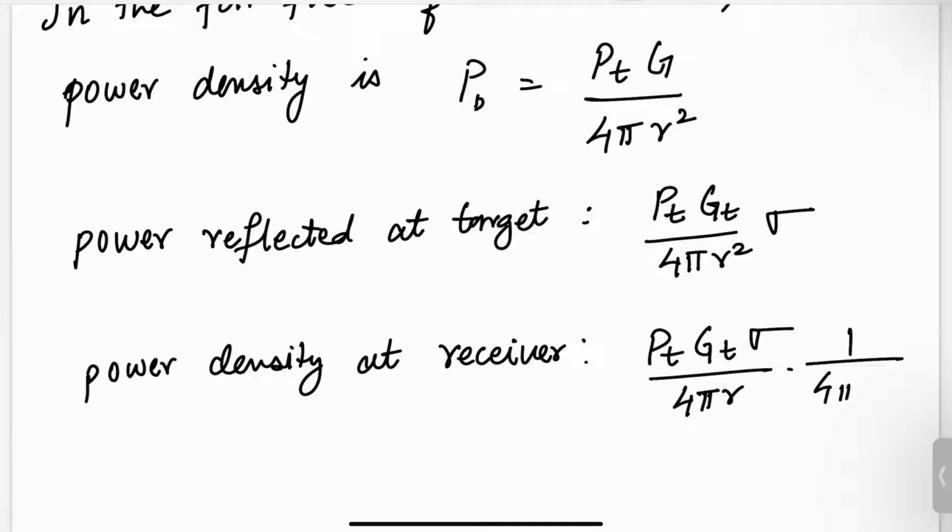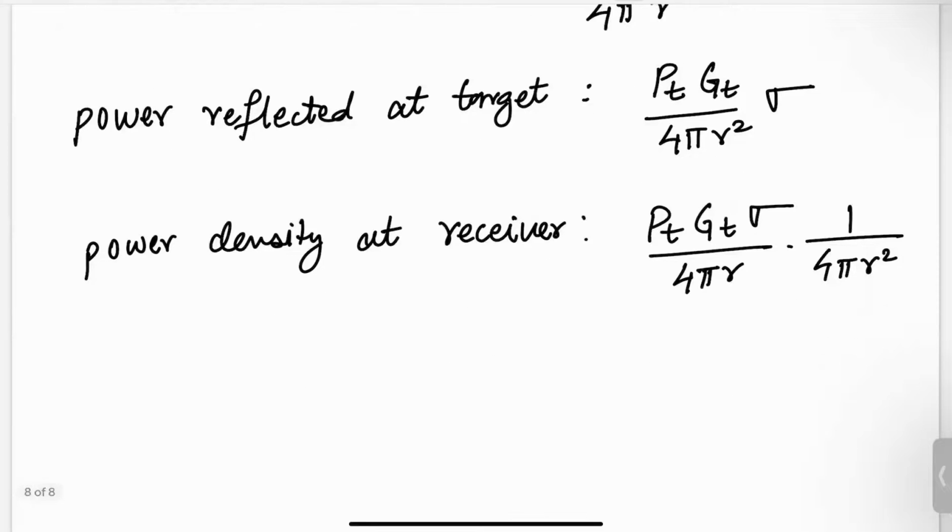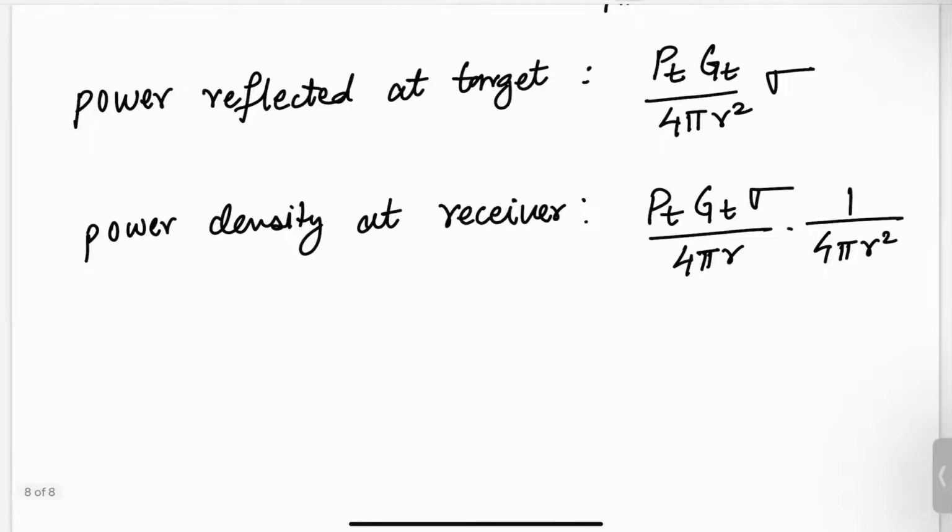Because the power radiated is divided over an entire sphere. Okay. Then power received. Now that's the power density at the receiver, and the power received at the receiver is simply the power density times the effective area.